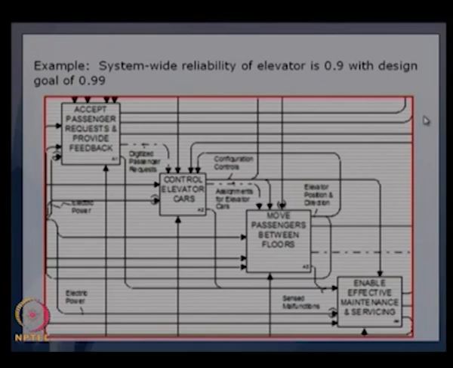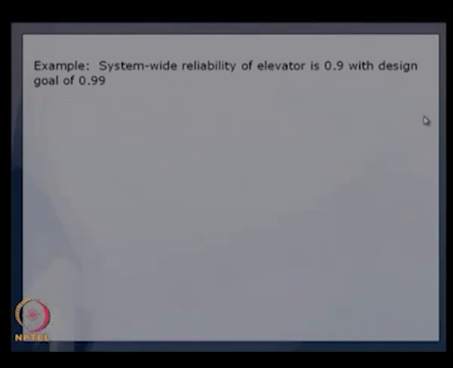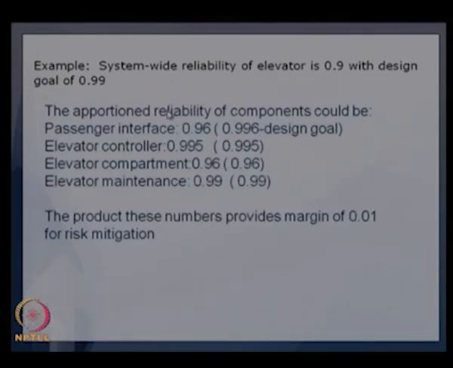In the apportionment method, we write down the reliability requirements of the components. The passenger interface can have a reliability of 0.96 with 0.996 as the design goal.